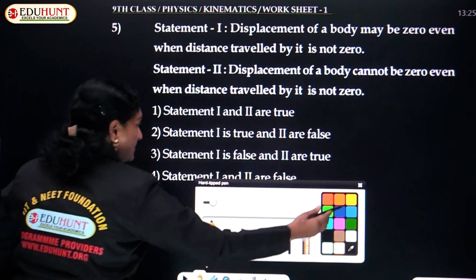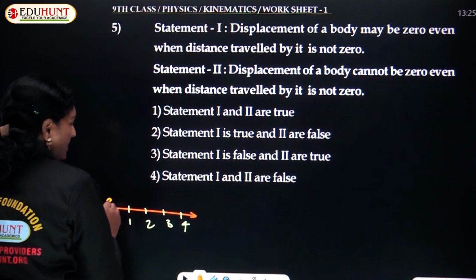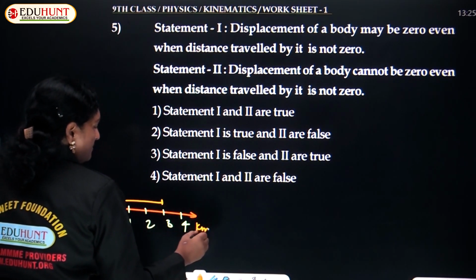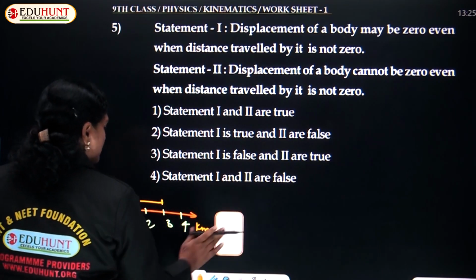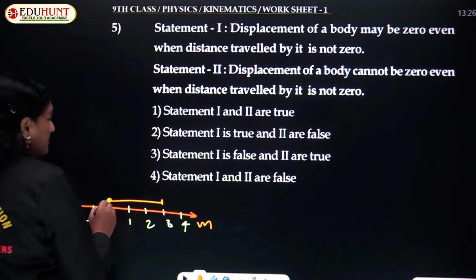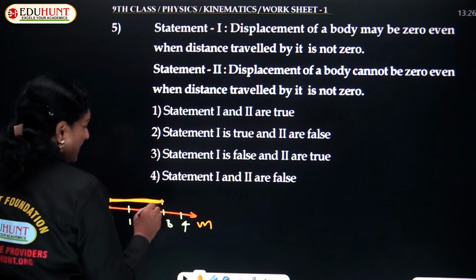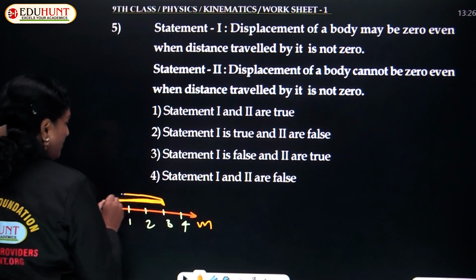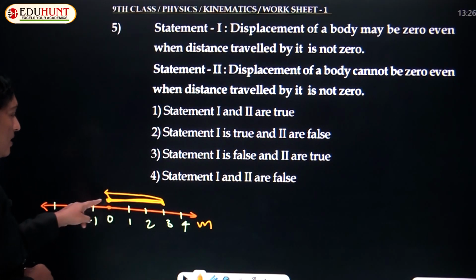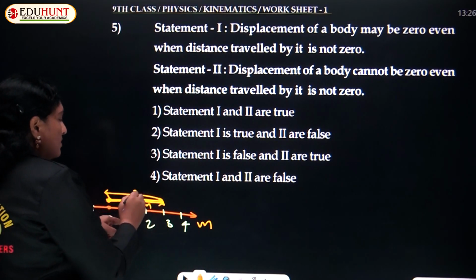Let us consider that a body has displaced from origin, everything measured in meters. Suppose that the body has travelled a distance of 3 meters and again moved back by covering the same path length. So, going here to here is 3 meters and again coming back is also 3 meters.